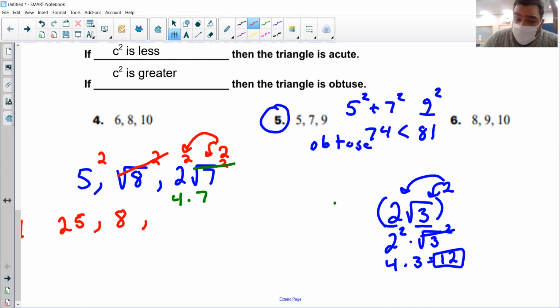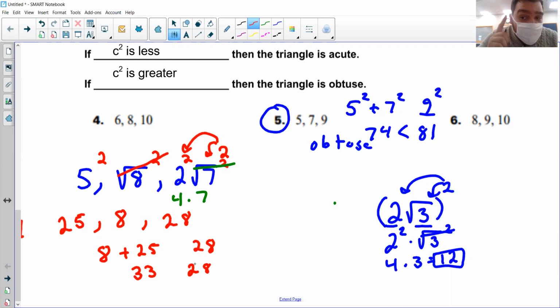After you square it, you can tell which one's the biggest, which in this case is 28. So we're going to do 8 plus 25 versus 28. It should be pretty clear to you: 8 plus 25 is going to be 33. 28 is smaller. So this example I just made up is acute.